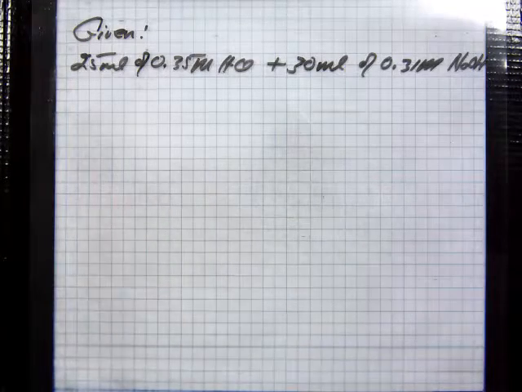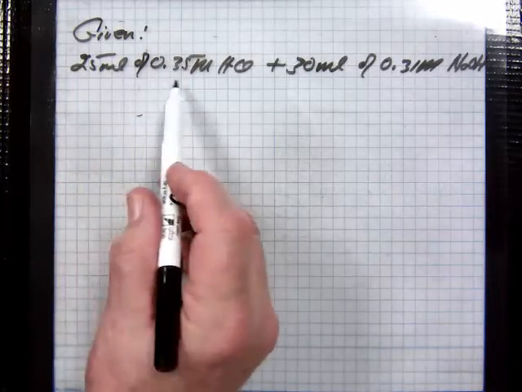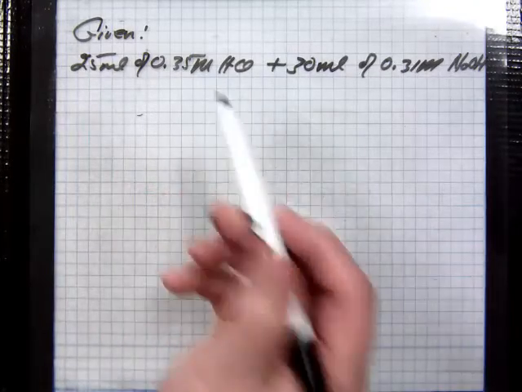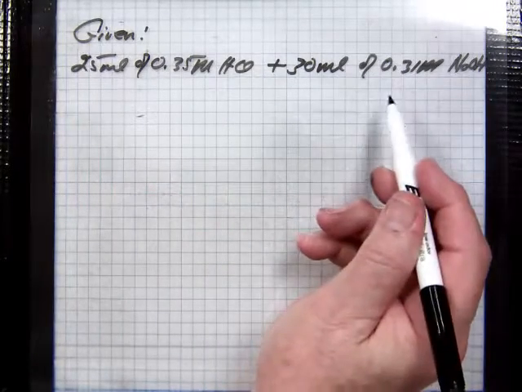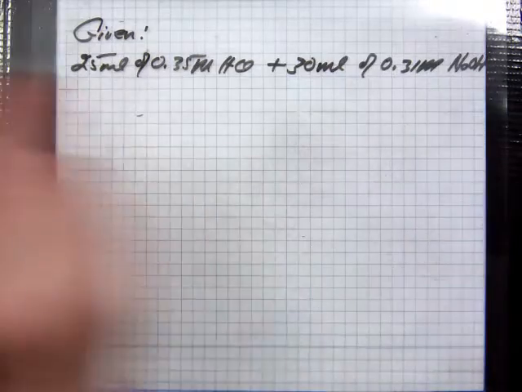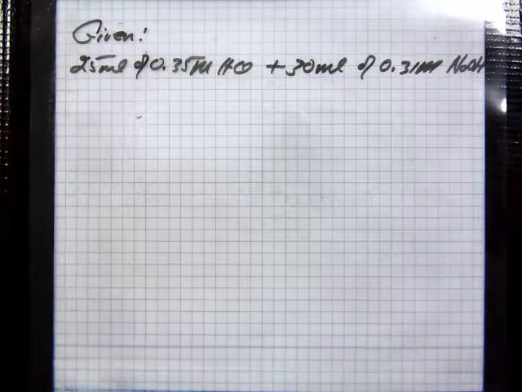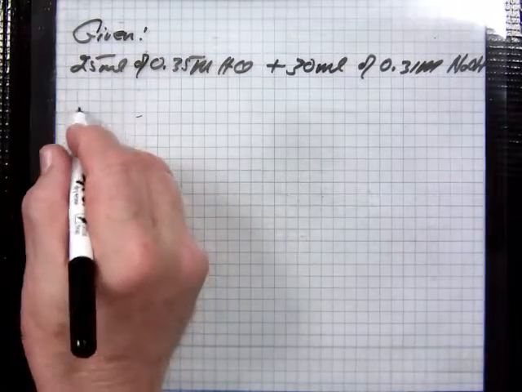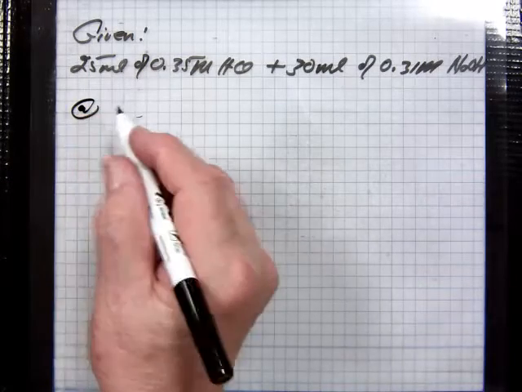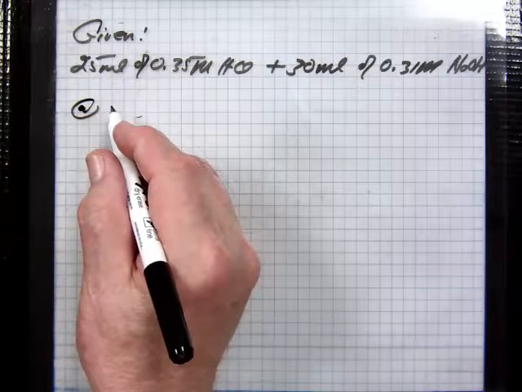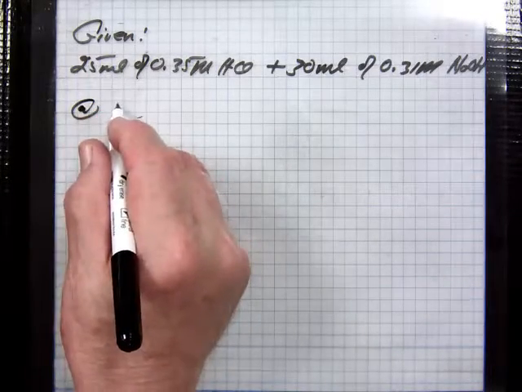Problem will read: 25 milliliters of 0.35 molar HCl is mixed with 30 milliliters of 0.31 molar sodium hydroxide. What's the limiting reagent?